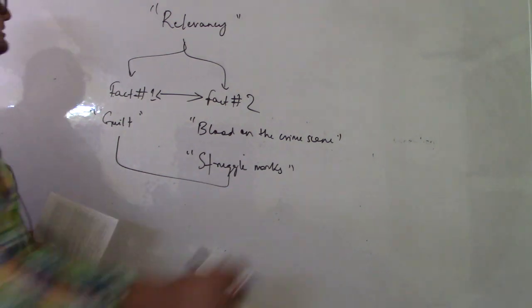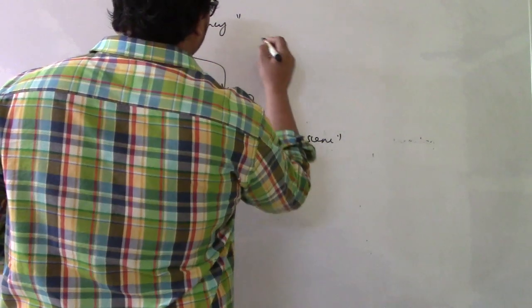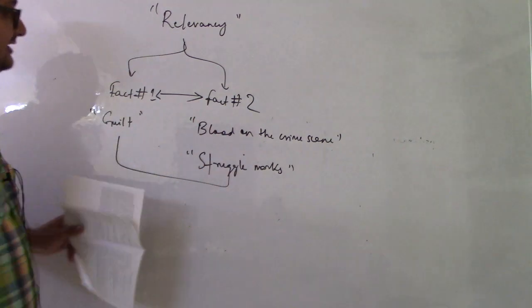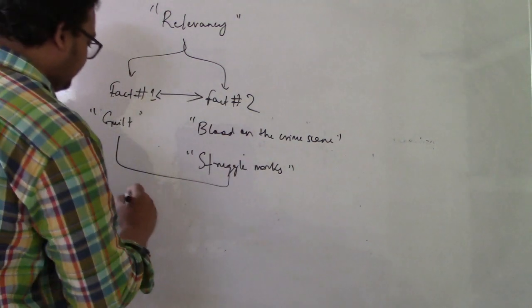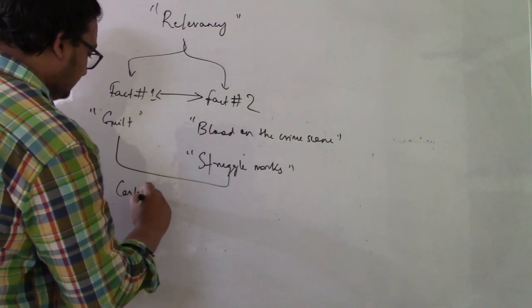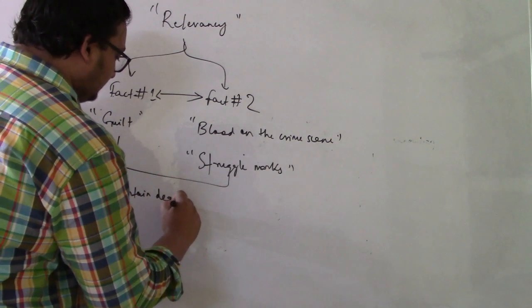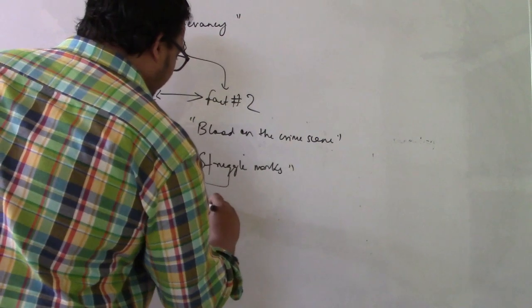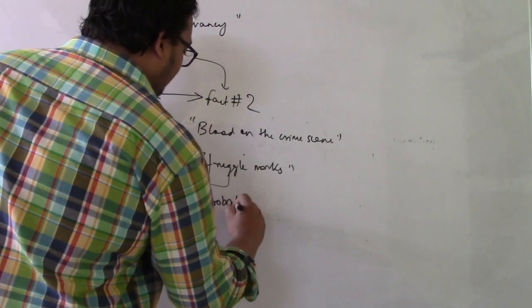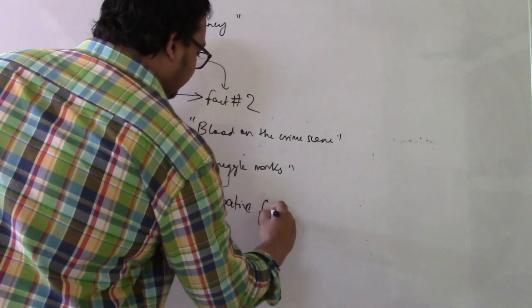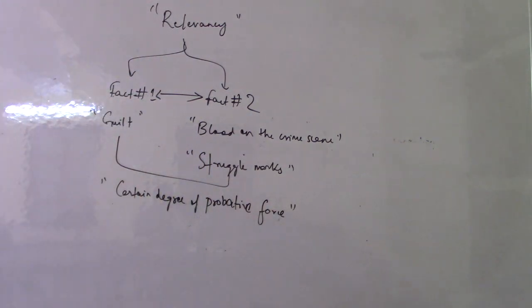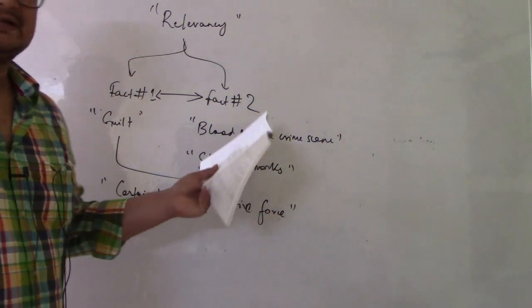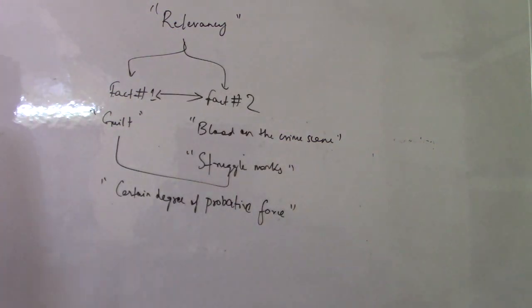Or in other words, when we are saying that fact 2 is relevant to fact 1, we are saying that there is a certain degree of probative force. This is the legal phrase that is used. Certain degree of probative force. Essentially, this is indicating some amount of proof.